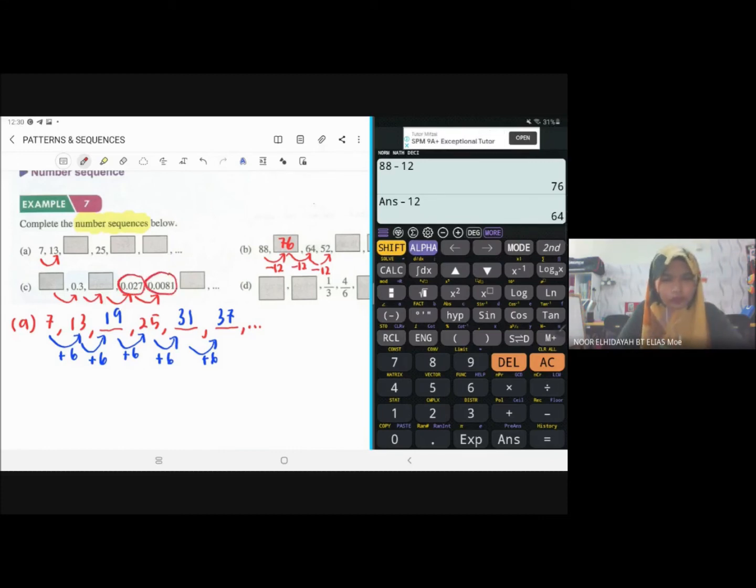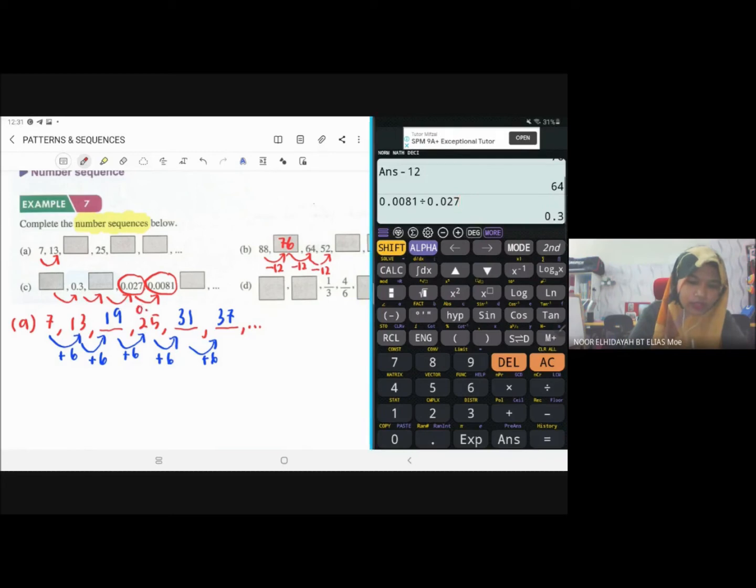Okay, kalau nak dapatkan pattern ni, kita cuba buat backward. Daripada 0.081, kalau nak dapat 0.027, kita bahagi, tengok. Bahagi dengan 0.027. So answer is 0.3. Yeah, here you get 0.3.